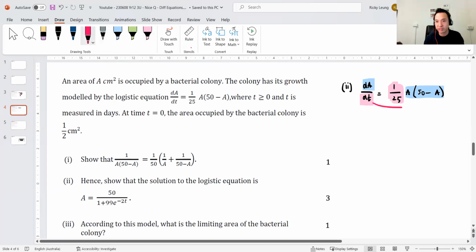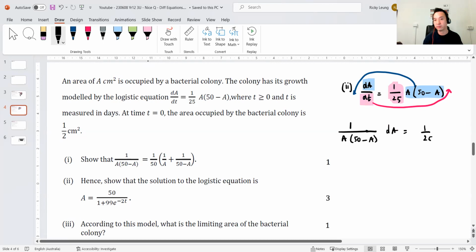So I'm going to move this dt up here, and I'm going to move this blue highlighted part down here, right? So I get 1/(A times (50 minus A)) dA equals 1/25 dt. And then I'm going to integrate both sides, right?